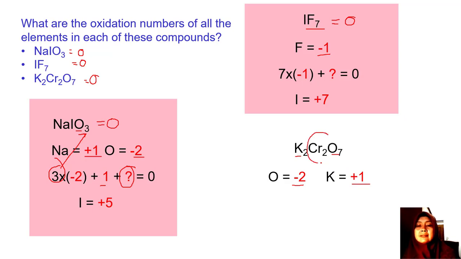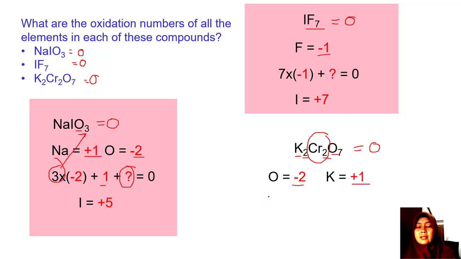So we may determine the oxidation number of chromium, where there are 2 chromium atoms. Please note there are also 2 potassium atoms. Now we can see that the total of the oxidation numbers is equal to 0.